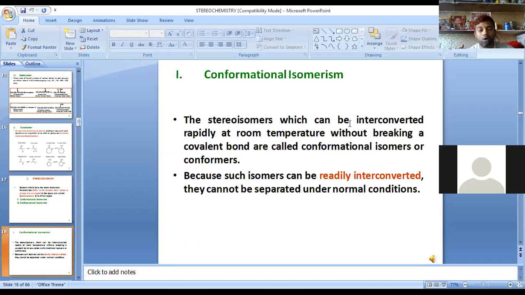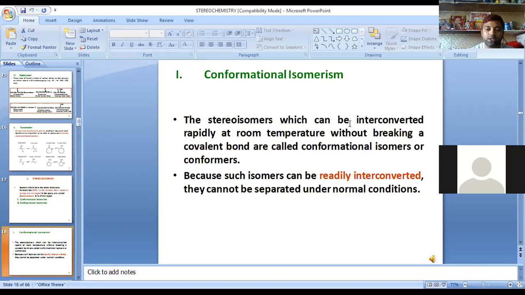The stereoisomers which can be interconverted from one form to the other rapidly at room temperature without breaking a covalent bond, there is no breakage of covalent bond, are called conformational isomers or conformers.